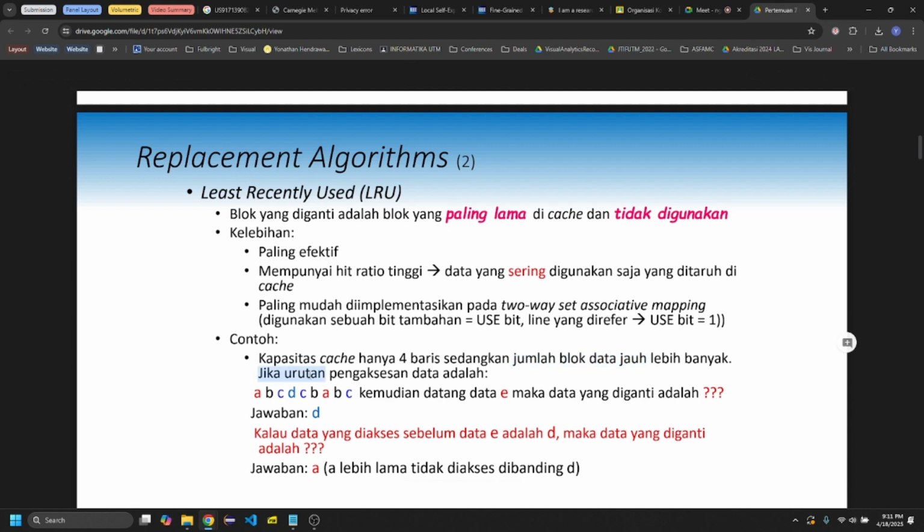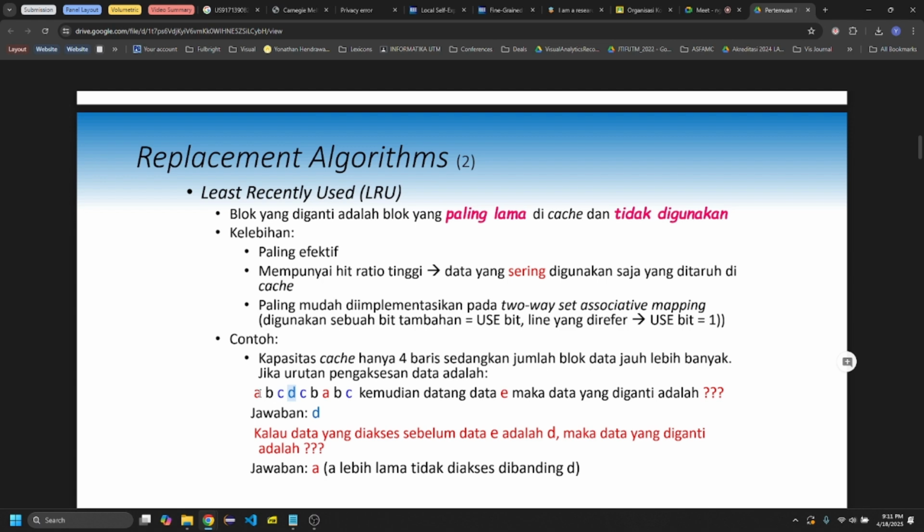If the access data sequence is A, then B, then C, then D, A is the first line, B is the second line, C is the third line, and D is the fourth line.